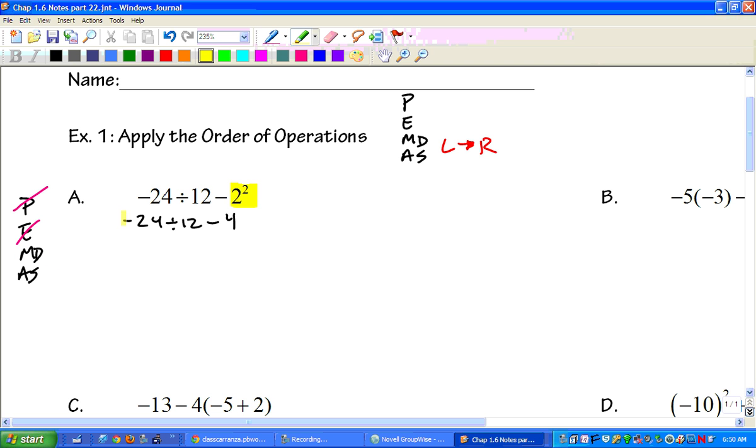Multiplication and division from left to right. Negative 24 divided by 12 gives us negative 2. All that's left is addition and subtraction. Negative 2 plus negative 4 gives us negative 6.